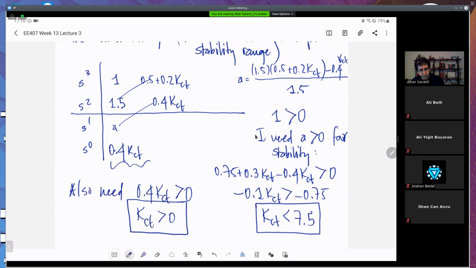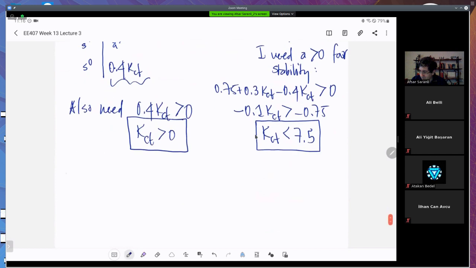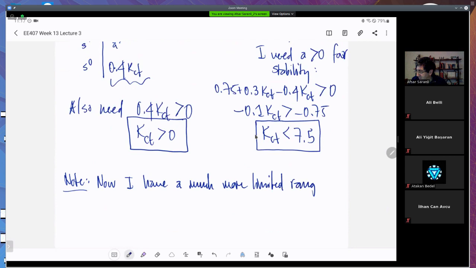So note, now I have a much more limited range for feasible controller gain.